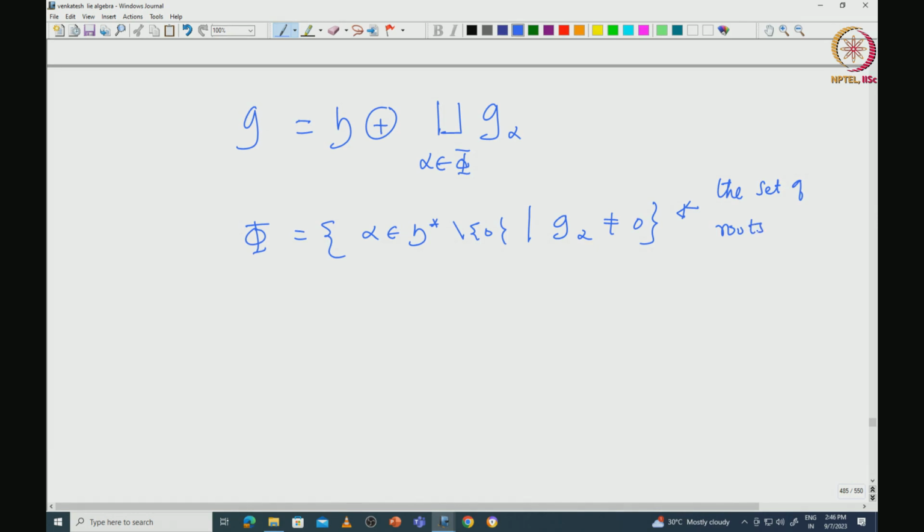Of course, these roots are associated with G with respect to the action of H, so this is the set of roots with respect to the pair G comma H. For alpha in phi we call G alpha the root spaces. So, in particular we have what is called the root space decomposition of G.